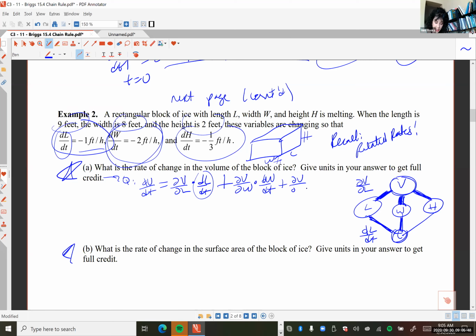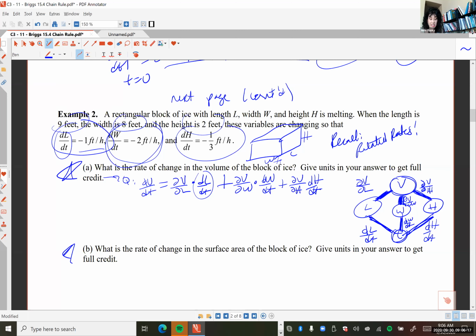So dV/dH, that's a partial, so those curvy d's, times dH/dt with a straight d. And there's your derivative of volume with respect to time.